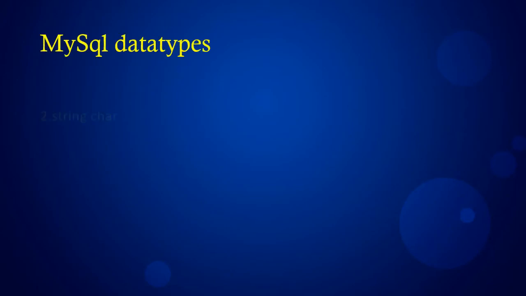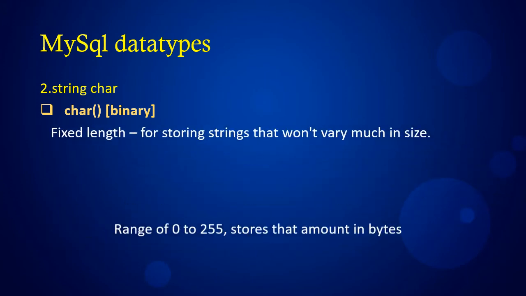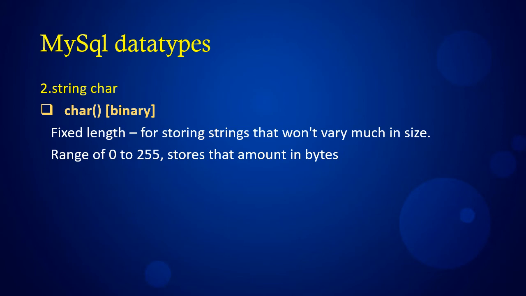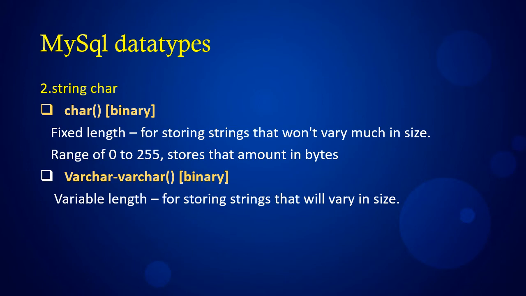Second, string, which means a sequence of characters. Char is a fixed length, and it can store 0 to 255 characters. Varchar is a variable length, and it also stores strings. The difference between char and varchar: char means a fixed size.